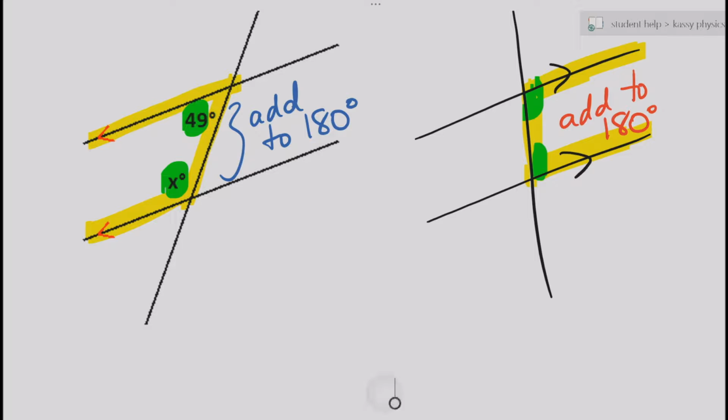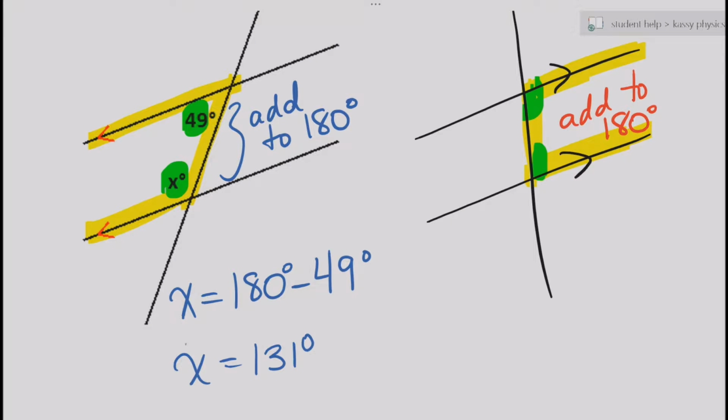So that means that x must be 180 degrees minus what's already used by the acute angle up here, the 49-degree angle. And that leaves us with 131 degrees. So the acute angle x here is 131 degrees, because the C pattern, two interior angles like that, add up always to 180.